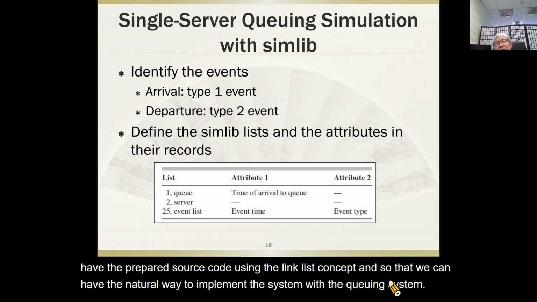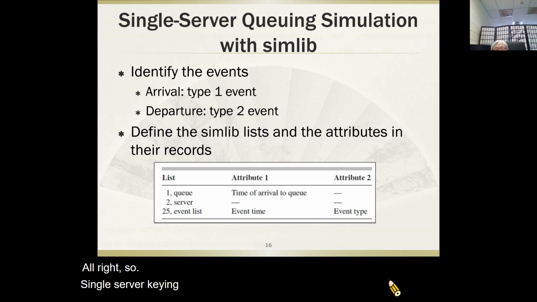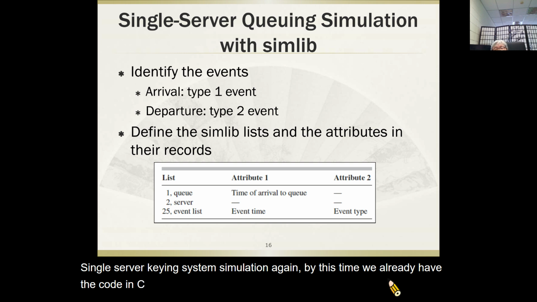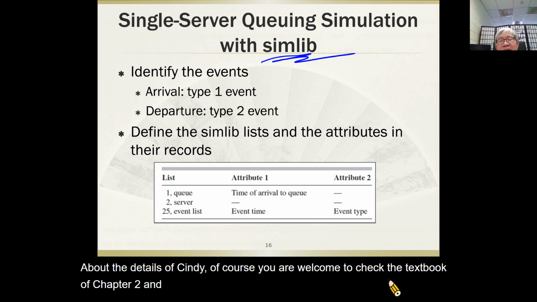So, single server queuing system simulation again, but this time we have the code in C using simlib. About the details of simlib, of course you are welcome to check the textbook of chapter 2 to know all the details.